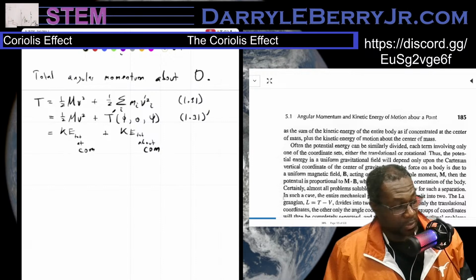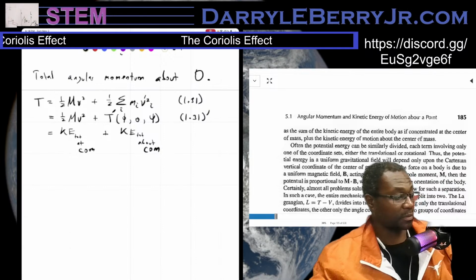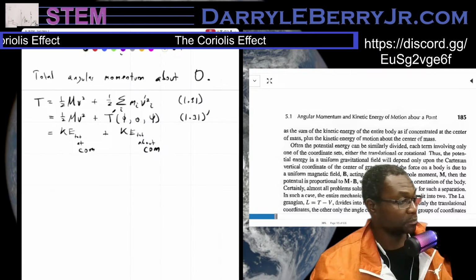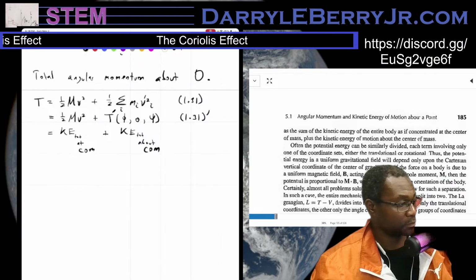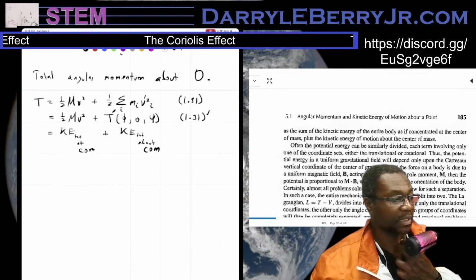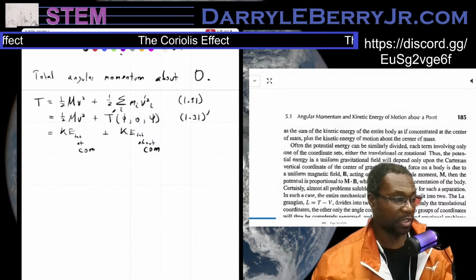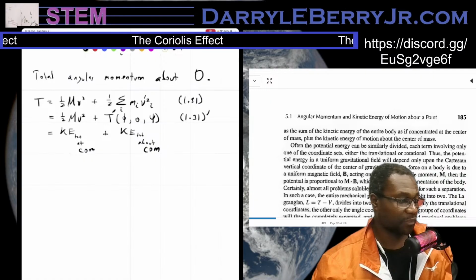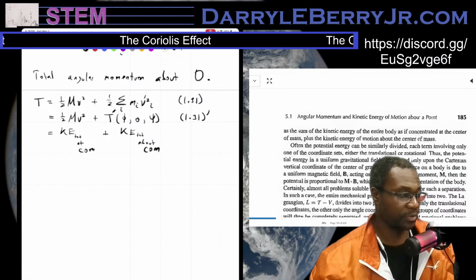Let me check the notes here. So we should go into angular momentum next. Often the potential energy can be similarly divided, each term involving only one of the coordinate sets, either the translational or the rotational.